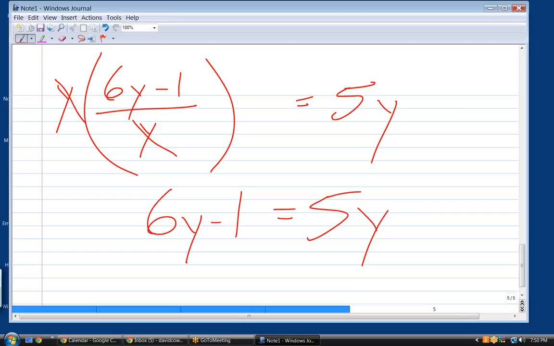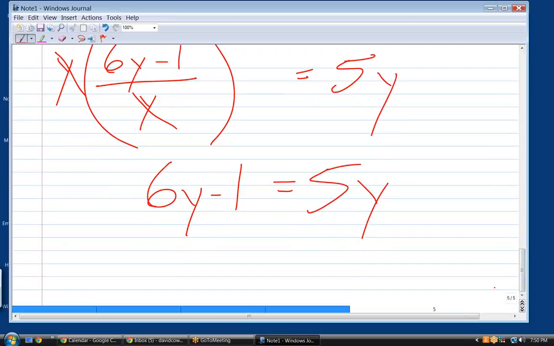Subtract 6y from the left side, and, well, from both sides. I know that's the natural thing to do because it's one step, but actually there's 2 steps that are going to be involved. If you did that, what would the next line be? -1y equals -1. Right.